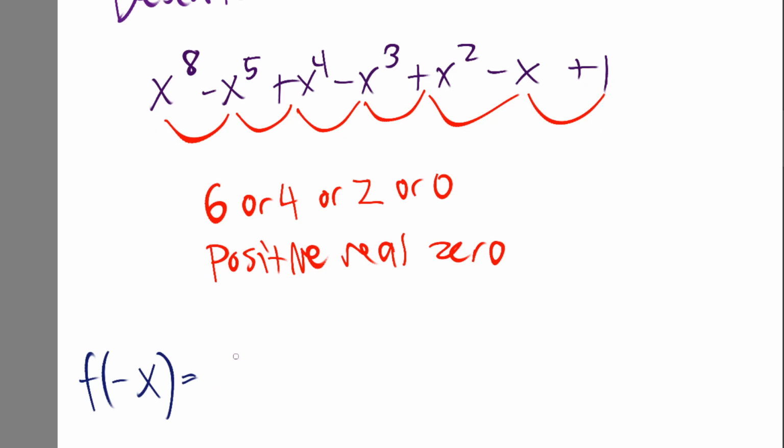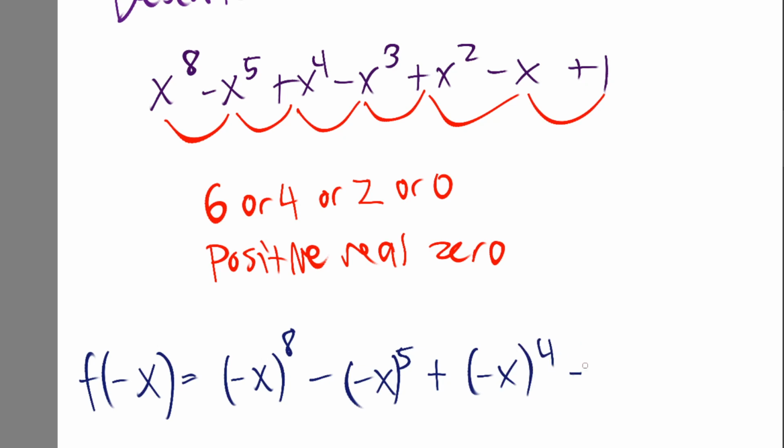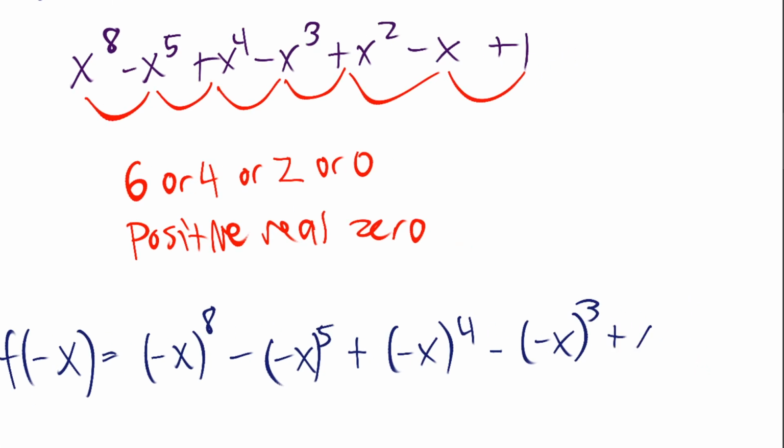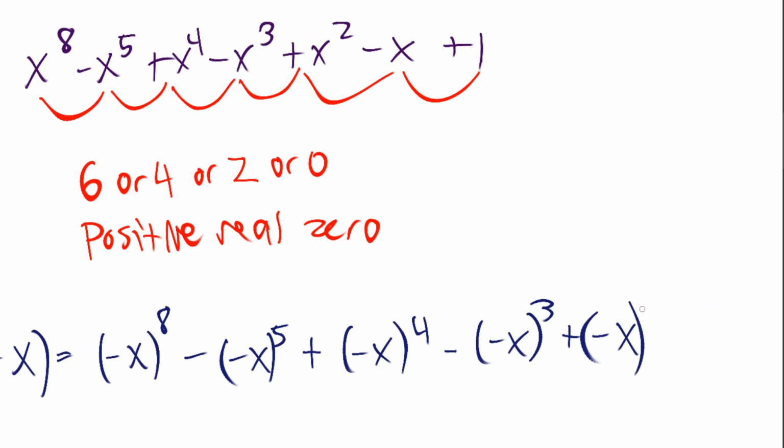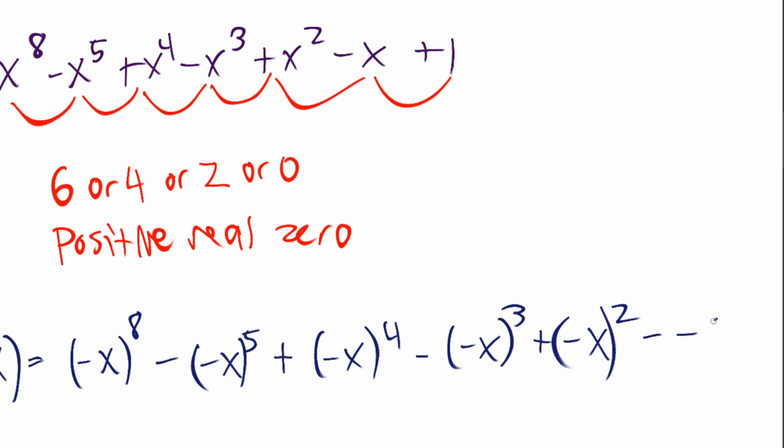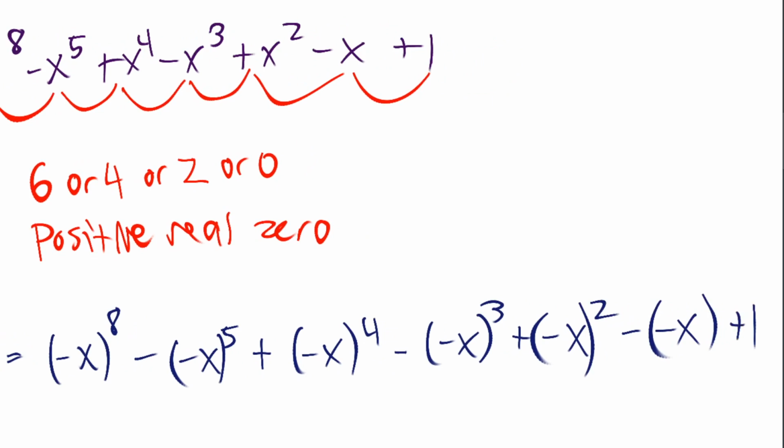So the long way is negative x to the 8th minus negative x to the 5th plus negative x to the 4th minus negative x cubed, plus negative x squared, and then minus negative x, and then plus 1.